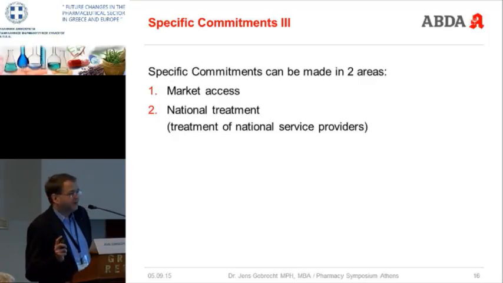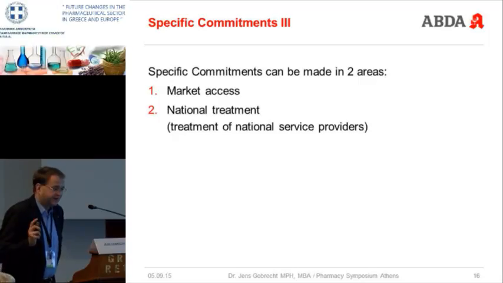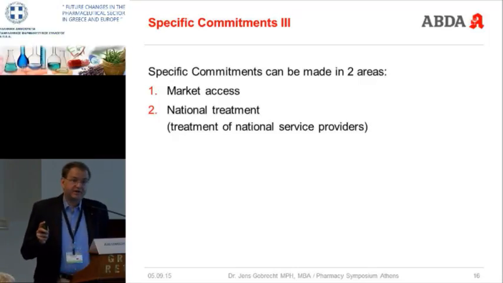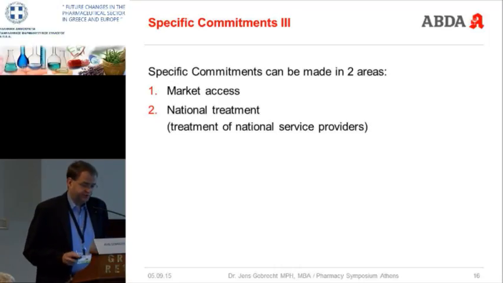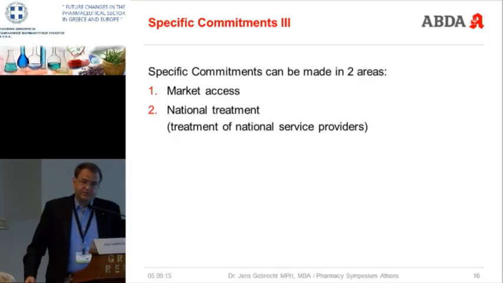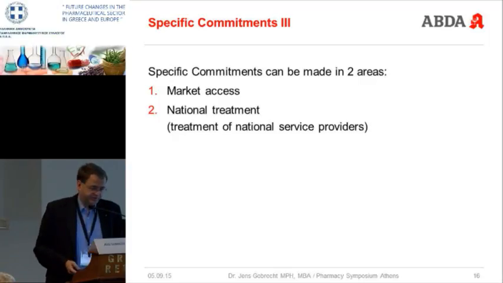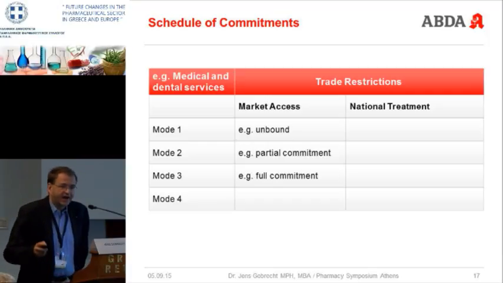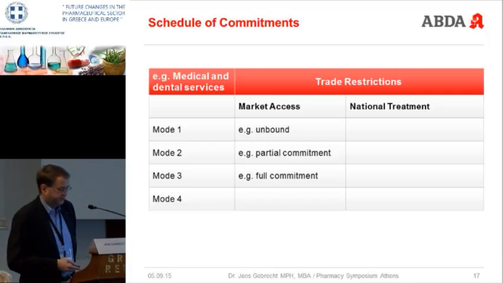to make it a little bit more complicated, these specific commitments can be made in two areas, in market access and in national treatment. So how do you treat national service providers or foreign service providers? What does it mean? Well, first let's see what a schedule of commitments looks like.